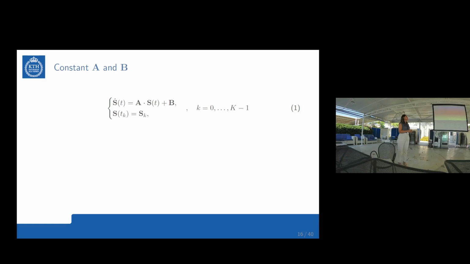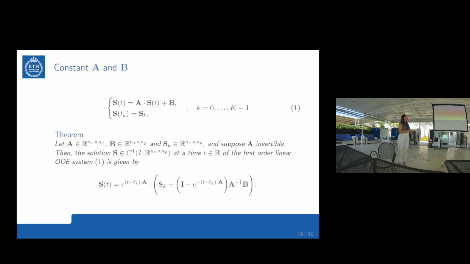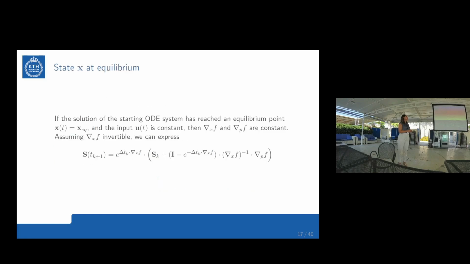And here we can rely on a pretty well-known result, this theorem that tells us that if the matrix A is invertible, then we can express the sensitivity matrix with this exact formula, where we have this matrix exponential e to the power (t minus tk) times A. And we can use this theorem, of course, in the case where our matrices of coefficients, the gradient of f in x, and the forcing term, the gradient in p, are constant.